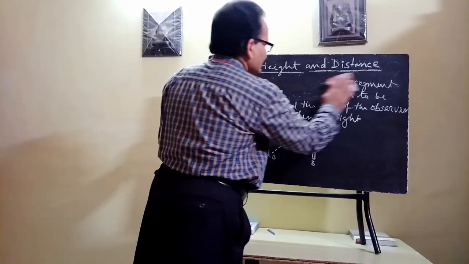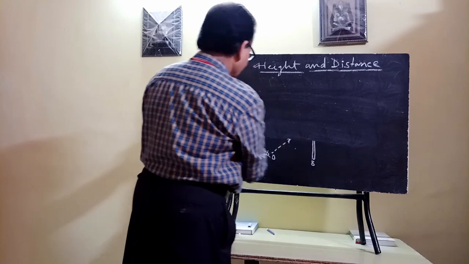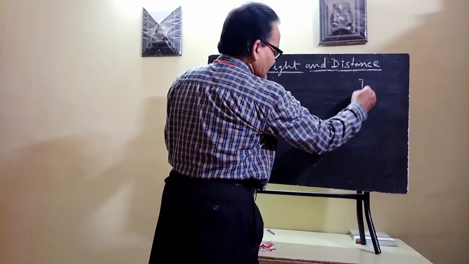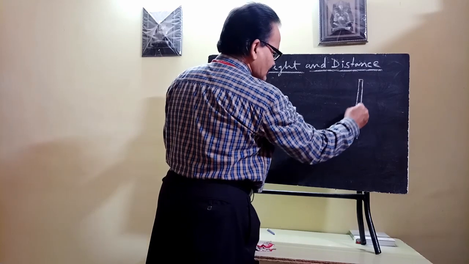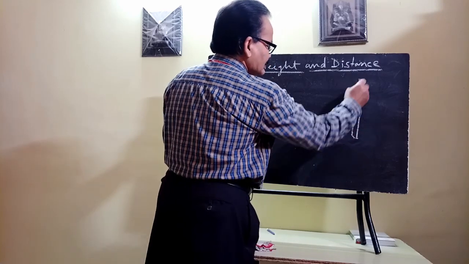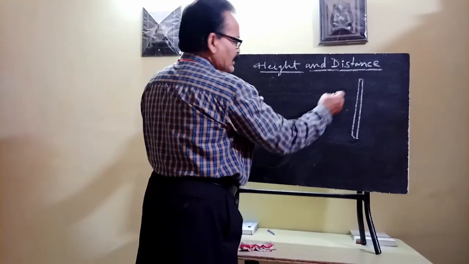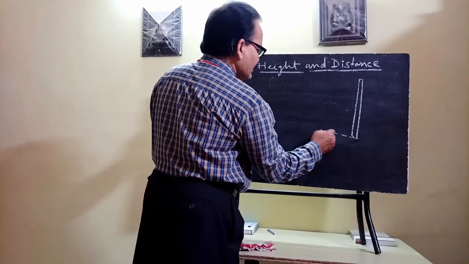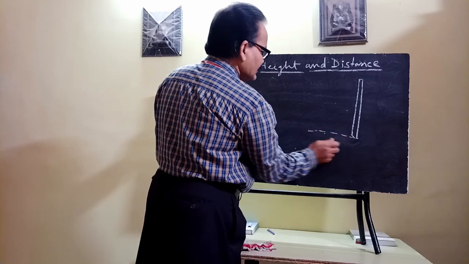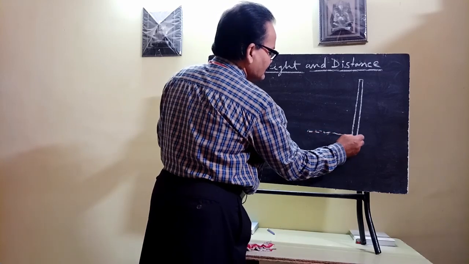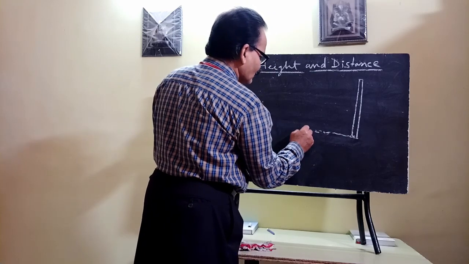Angle of elevation means, suppose this is the top of a building, or a pole or a hill, and the observer is at O, at some distance.